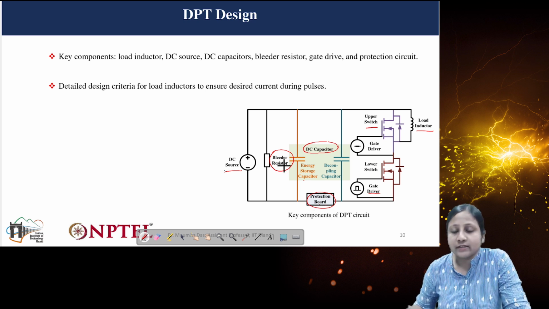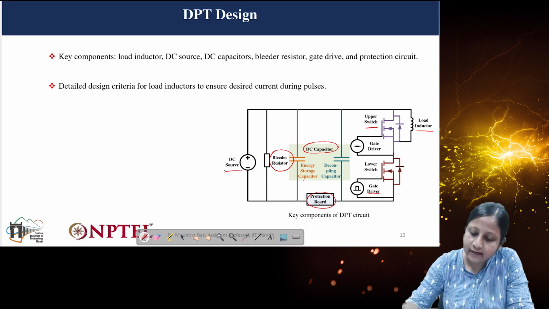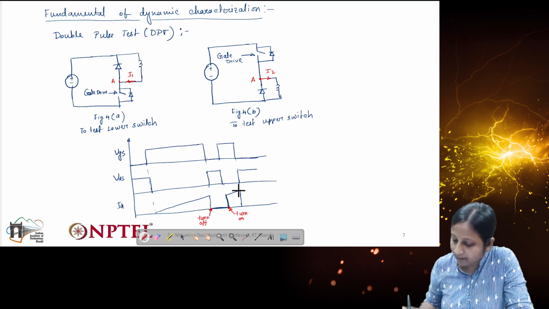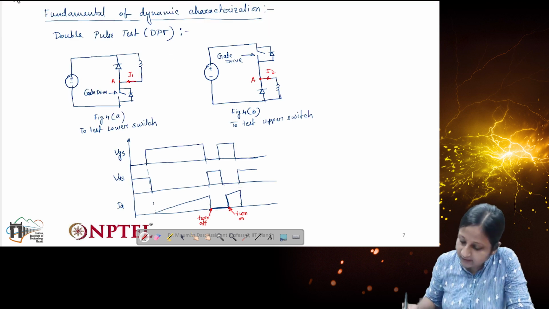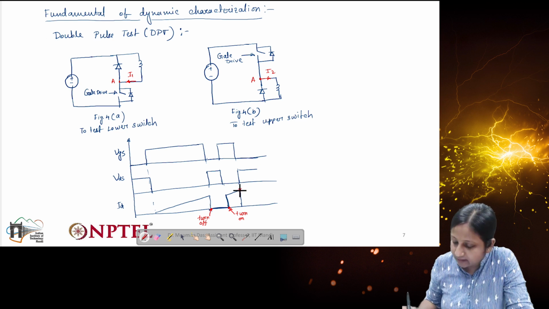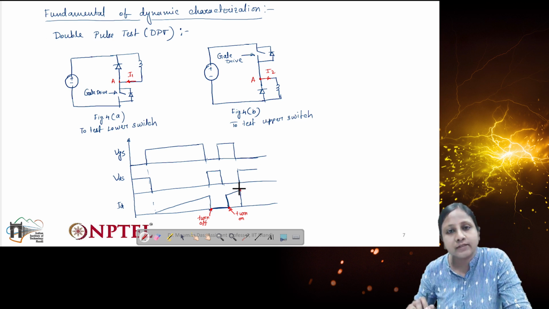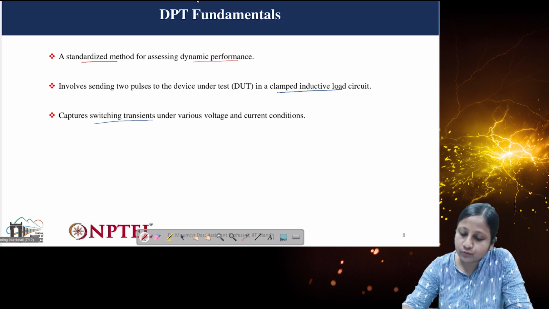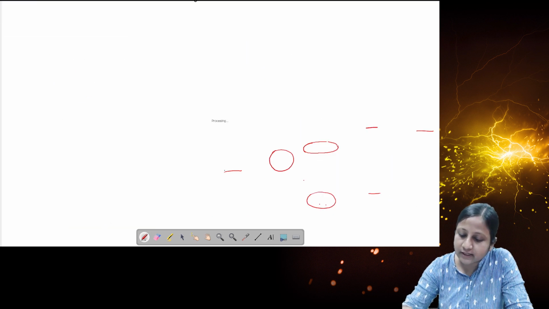Now, the bleeding resistance or the bleeder resistor. Why is it provided? When we are testing the circuit, as you have seen in the previous slide, the inductor current has some significant value after the double pulse test. Now if the inductor current has a significant value, we cannot leave the circuit in that condition.